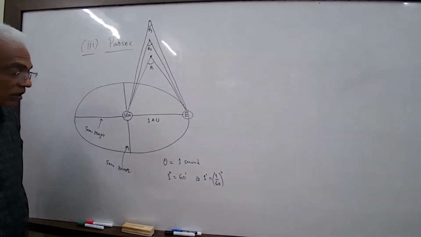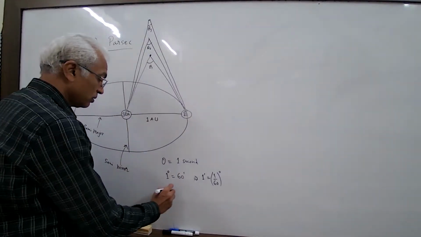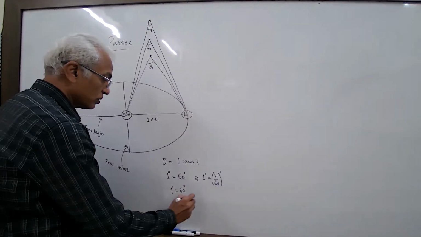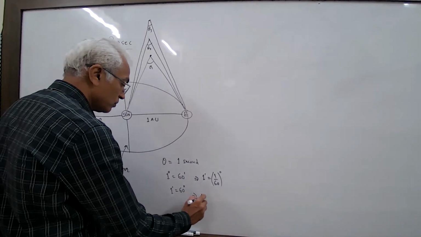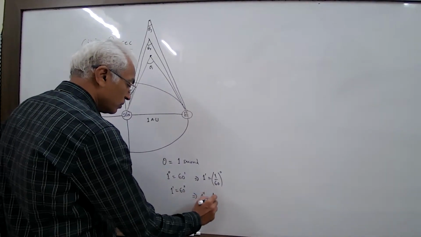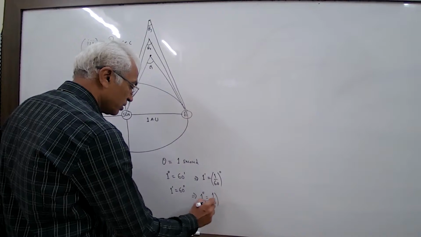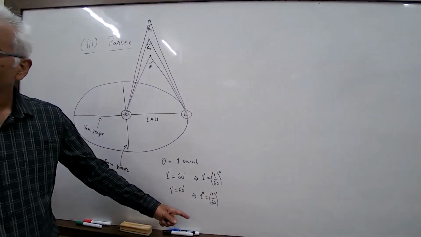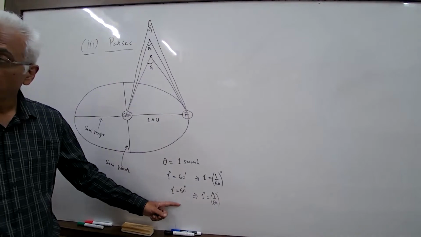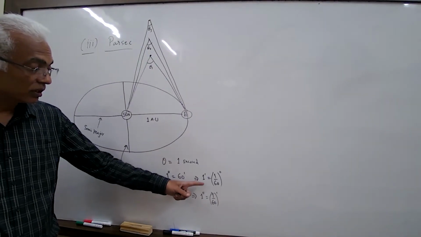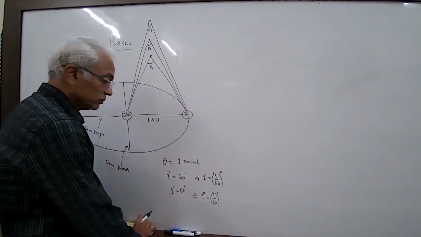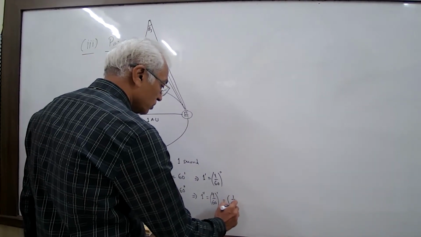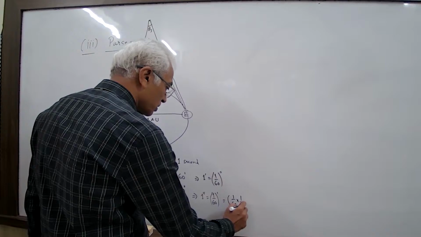Okay. Then what is 1 second? 1 minute has got 60 seconds. So this means what is 1 second angle? 1 upon 60 minute. And what is 1 minute? So this will be 1 upon 60 into 1 upon 60 degree.